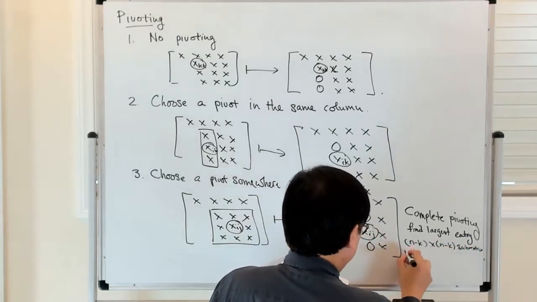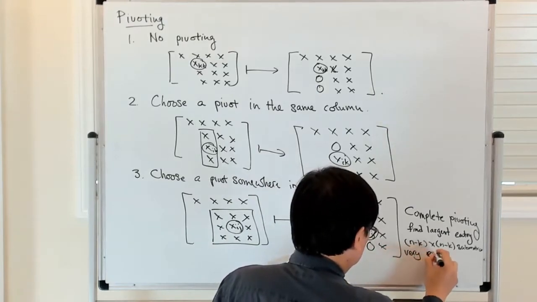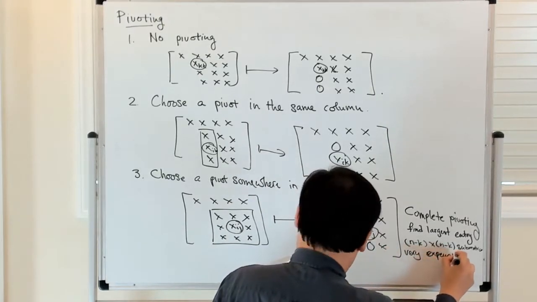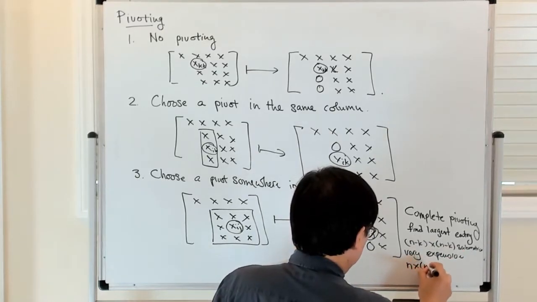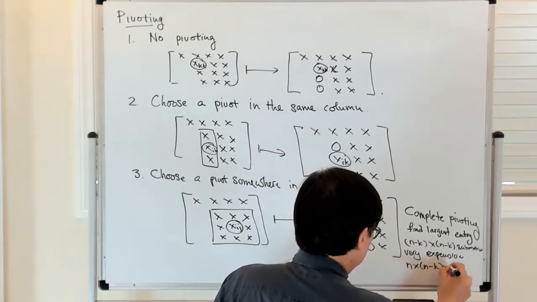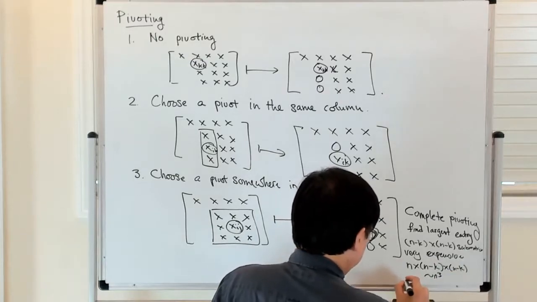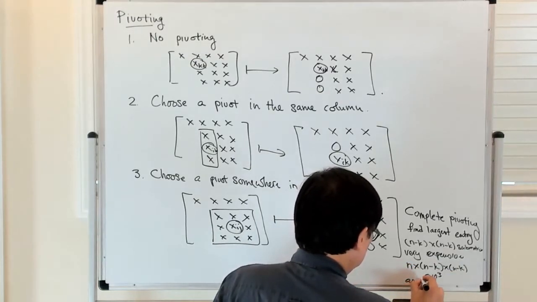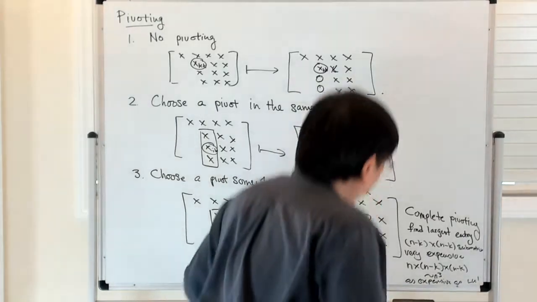So it is very expensive to do complete pivoting. It's of the order of n minus k times n minus k, which looks something like n cubed, so it's as expensive as LU itself, so that's something you might want to avoid.